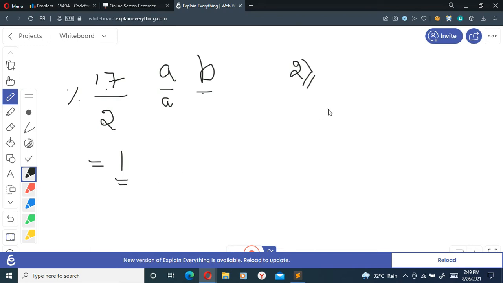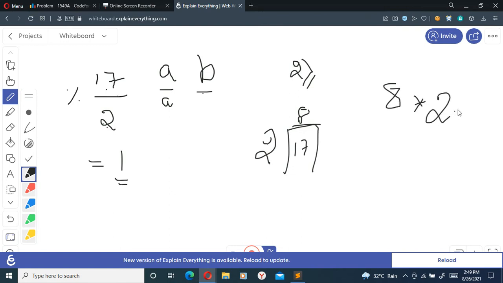So how can we do this? We can simply find the quotient of the numerator divided by the denominator. So 17 divided by 2, what am I getting as the quotient? I'm getting 8 as the quotient, and I should multiply this with 2.